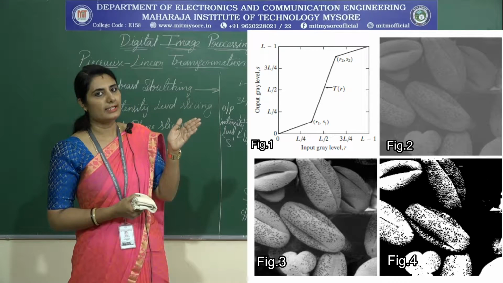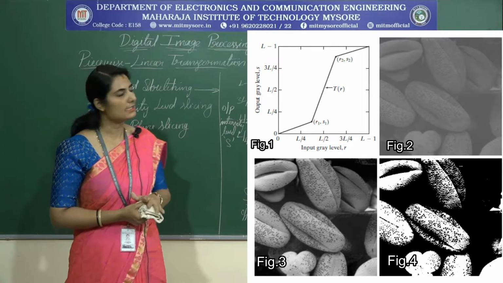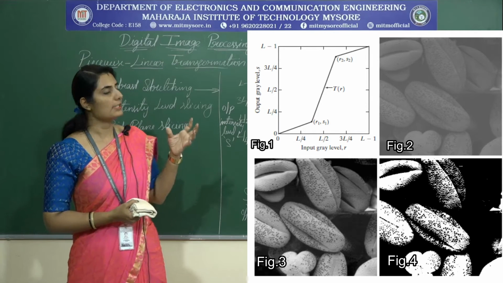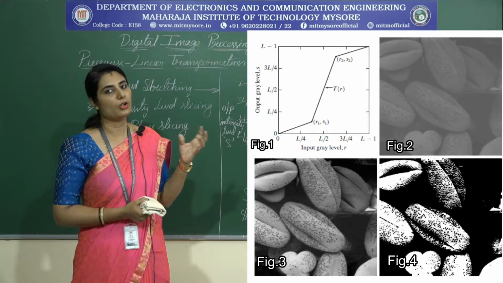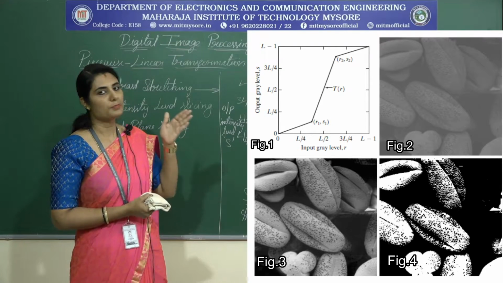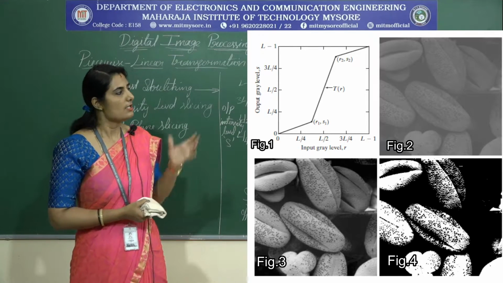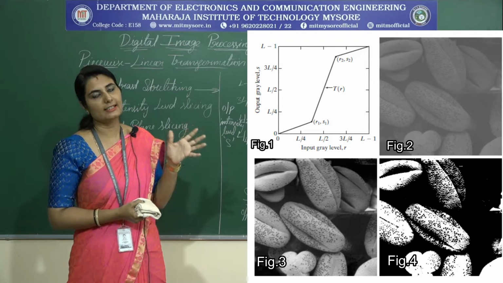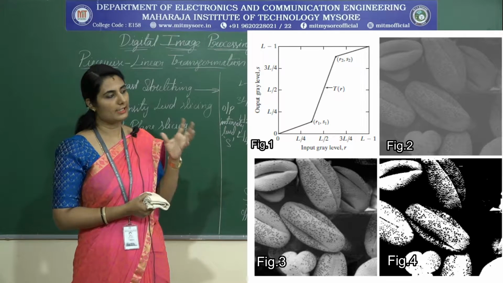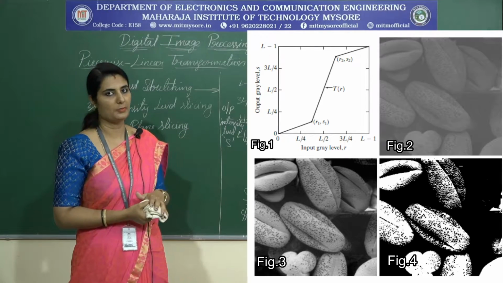To improve the quality, we go for contrast stretching using the piecewise linear transformation function. If the values of r1, s1 and r2, s2 are chosen as in case 3, then it produces the resultant contrast image. Figure 3 is the result of contrast stretching, and in this figure it is very easy to identify the fine details present in the image.